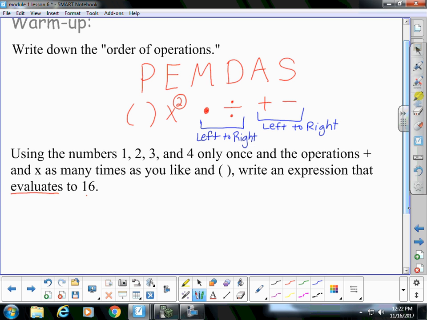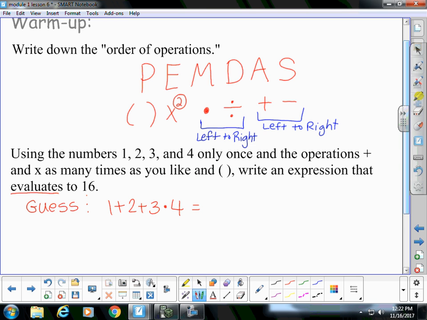So for example, we're basically going to do guess and check. I might just try playing with the numbers and saying 1 plus 2 plus 3 times 4. And see what that comes out to, and then I check it and see if it happens to make 16.